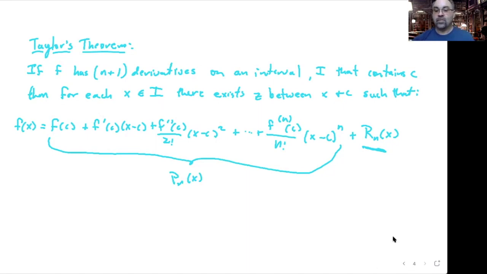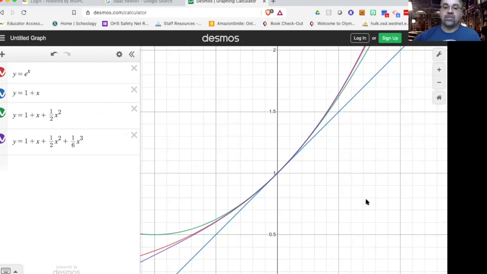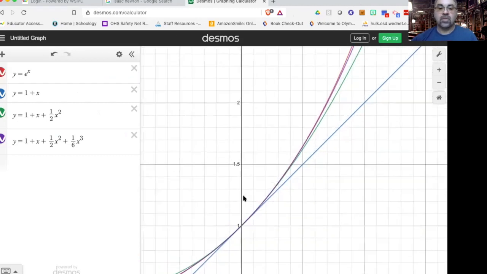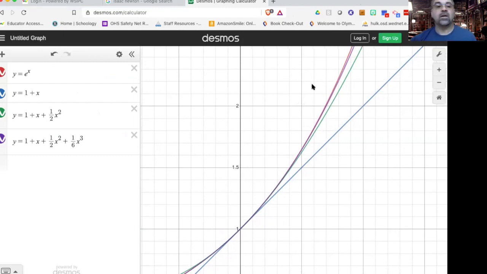If I focus in on just the green one for right now, let me get the other ones off there. Here's c, down here. Let me highlight that for you. If I go over some amount here, then there's a bit of remainder here.